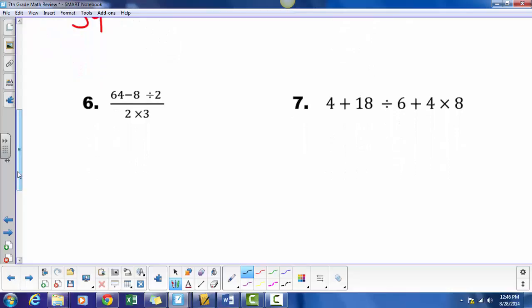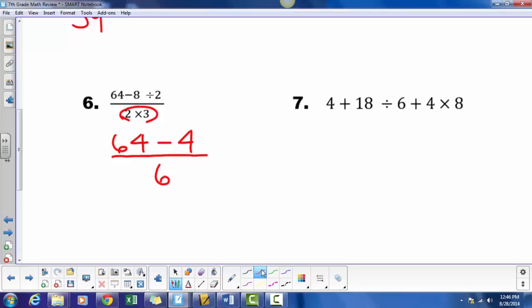Right here I have an interesting problem. 64 minus 8 divided by 2. So I have to take care of this piece first, that divide by 2. All right, so let's see. 8 divided by 2 is 4. So on the numerator I have 64 minus 4. And then I can go ahead and simplify this right here, this 2 times 3.